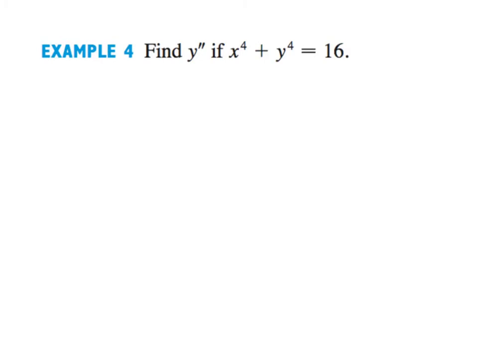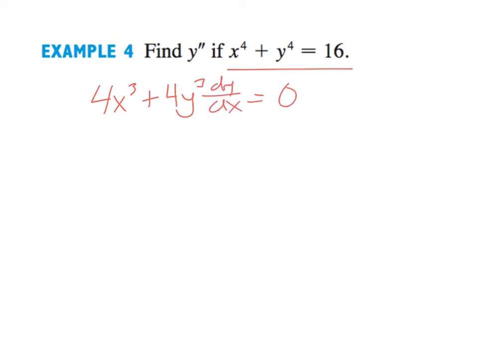So let's take a look at a couple other problems here before we have you guys try some on your own. This one says find the second derivative if x to the fourth plus y to the fourth equals 16. So this is one involving second derivative work with implicit differentiation. Let's first focus on finding the first derivative, which is the derivative of both sides. If I did derivative work here, it'd be 4x cubed plus 4y cubed dy dx equals the derivative of 16, which is 0.